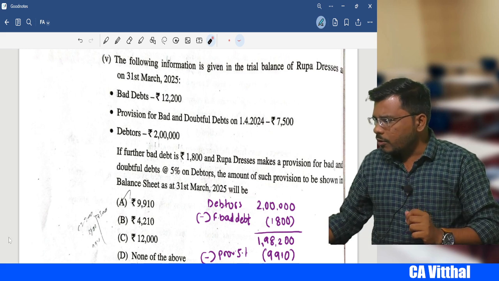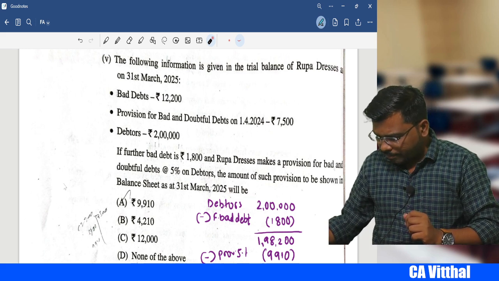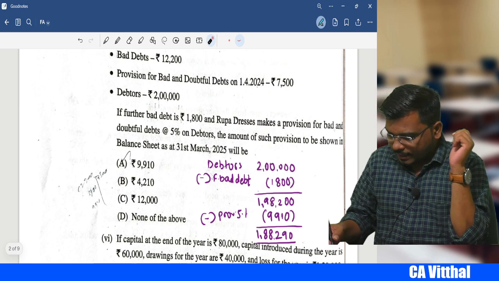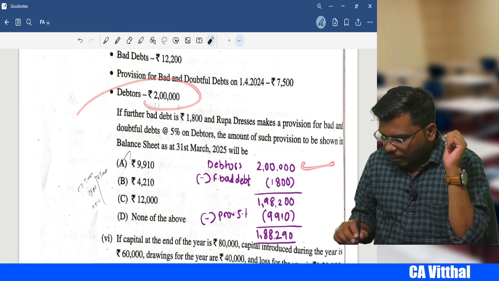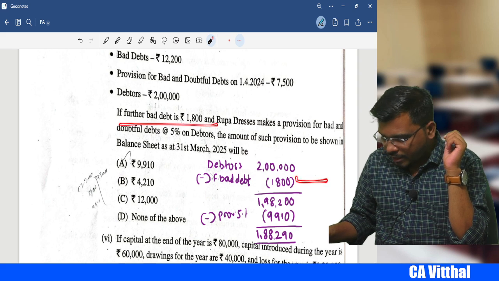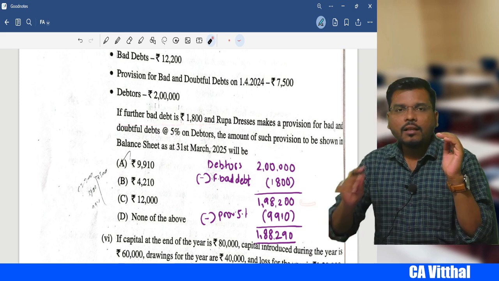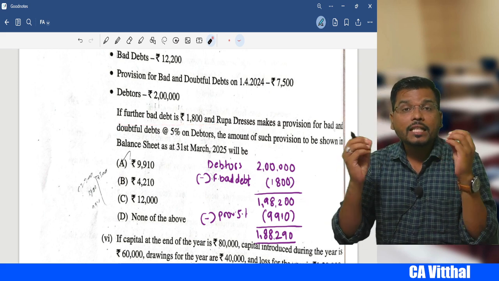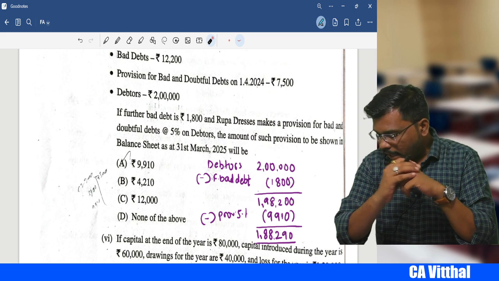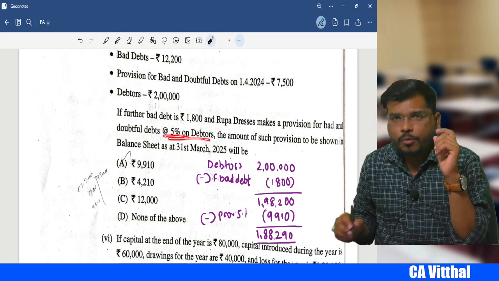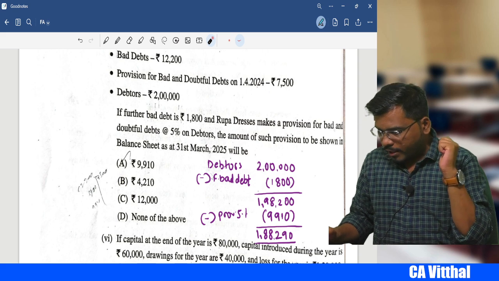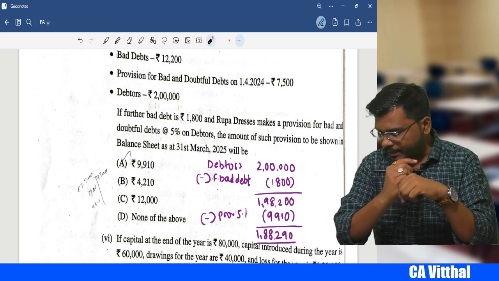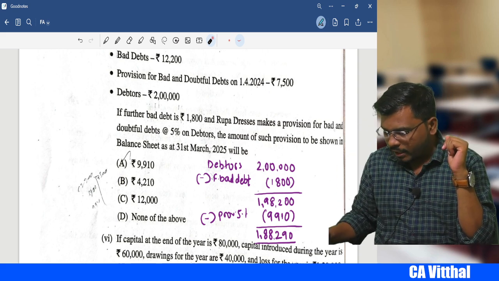So what do you need to do, my dear students? This is very simple. How much are the debtors? Debtors are 2 lakhs. Further bad debt 1,800, minus, we get the amount of debtors which we expect to receive, right? Minus provision. How much is the provision, sir? 5%. So 1,98,200 into 5%, you will get 9,910.